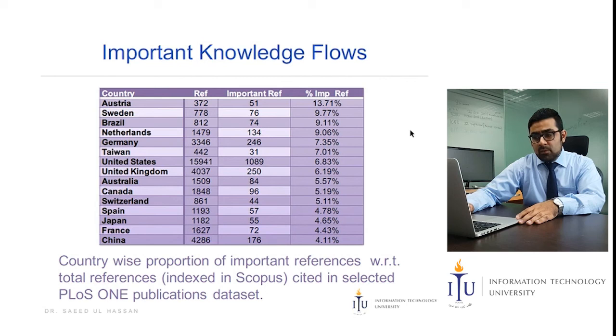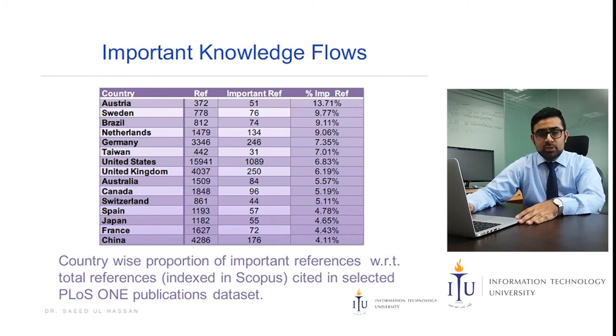China somehow makes it at the end of this list with only 4% of the total references being the important ones. So of 4,286 references, 176 are important ones in this data set.